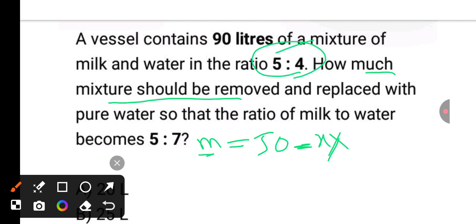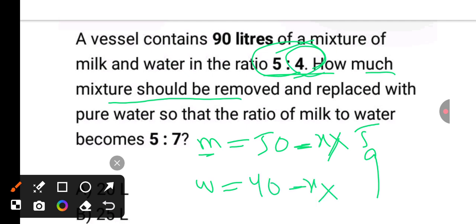The milk is 5 parts, 5 by the total of 9. Next, water is 40 minus x. The water ratio is 4 by 9. Replaced with pure water, plus x.